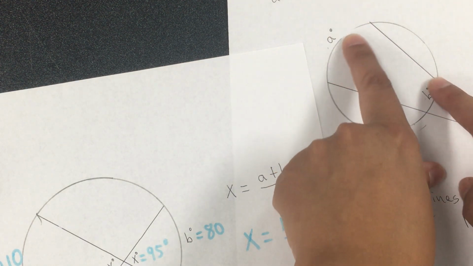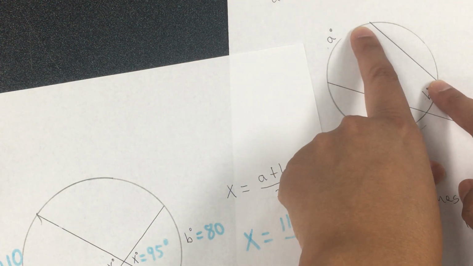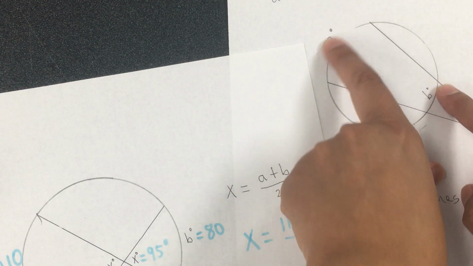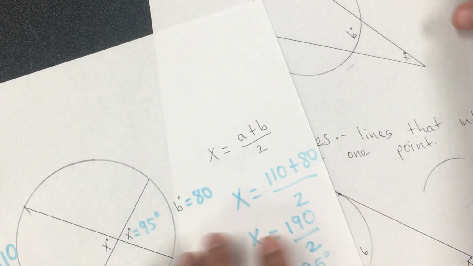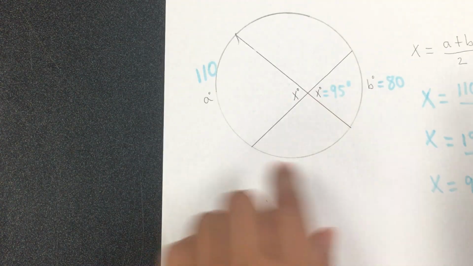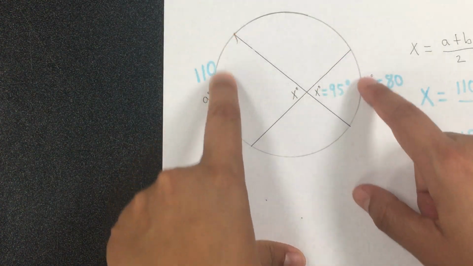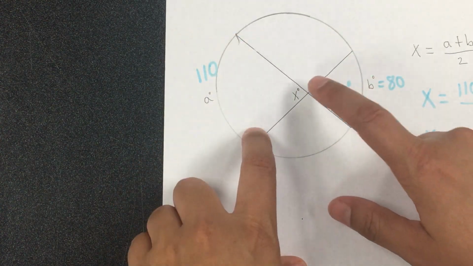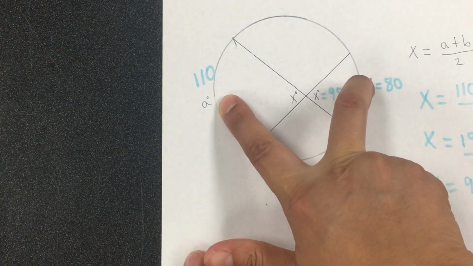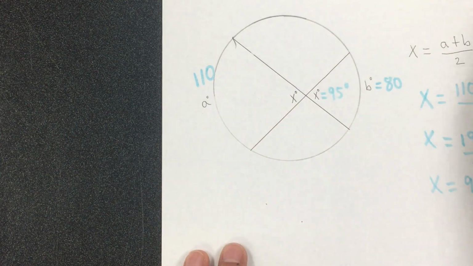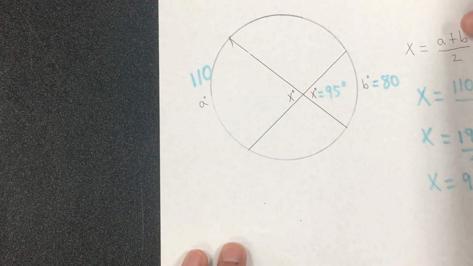This forms two arcs on the circle, but then the angle that we're looking for is outside of the circle. It's an external angle. This also forms 2 arcs on the circle, but the angle that we're looking for is internal. Okay, so in here we add and divide by 2. So have fun working on 9.3.